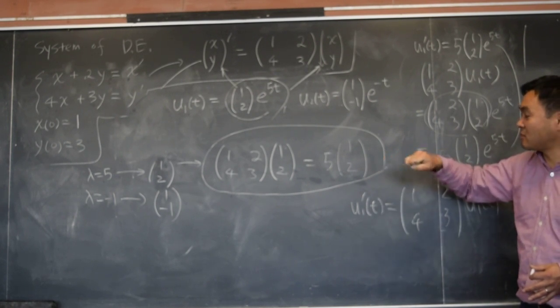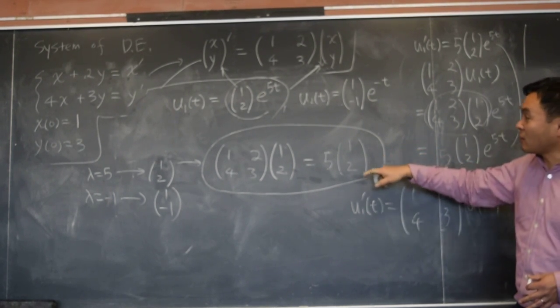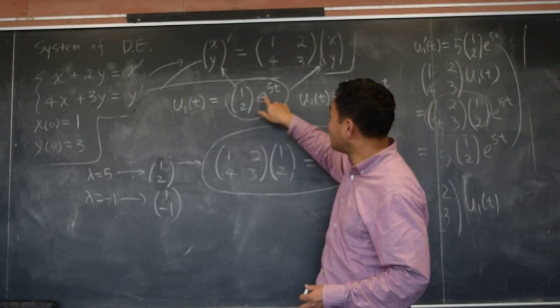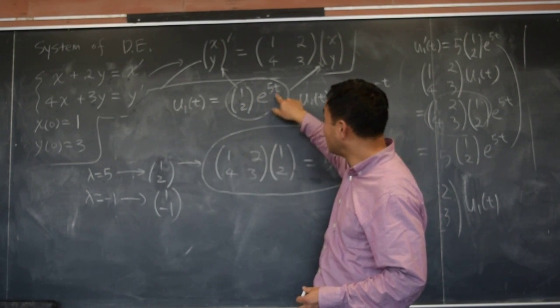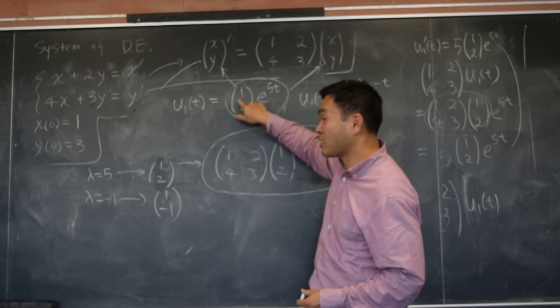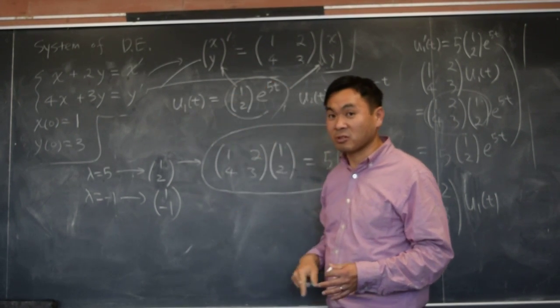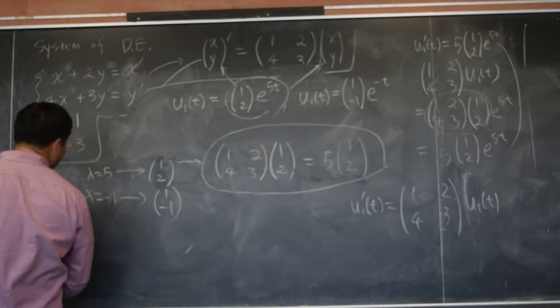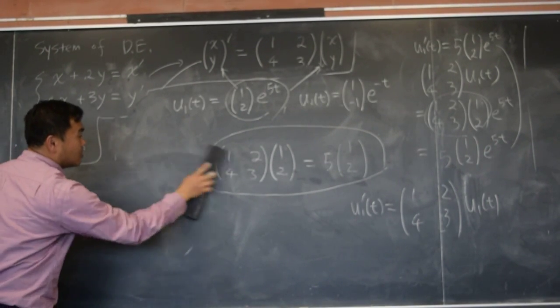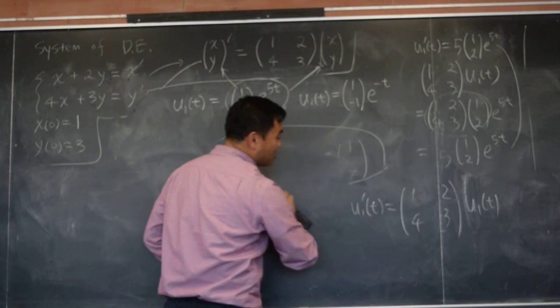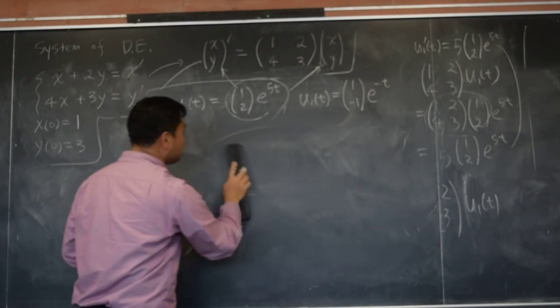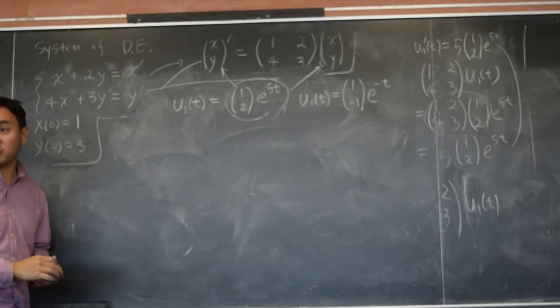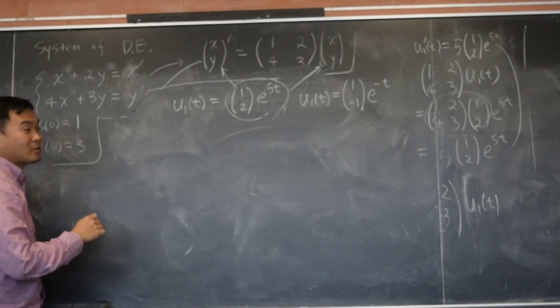And because they satisfy such a thing, if you write down the eigenvector times e to the lambda t for the eigenvalue corresponding to the eigenvector, that will always become a solution. Okay? Now, if you know that that's the solution, then what is the general solution? These are two special solutions, right? What's the general solution? Add them together with C1 and C2. That's it.